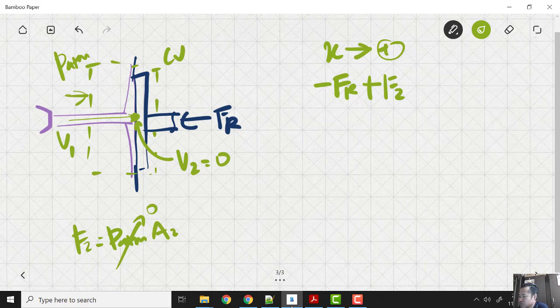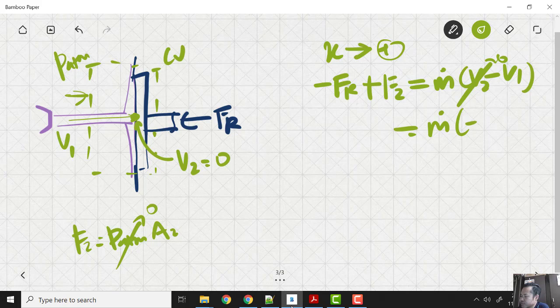So F2 from PATM is equal to PATM times A2. Since PATM is equal to 0, F2 is equal to 0. This equals m dot times V2 minus V1. But since V2 is equal to 0, we only have m dot times minus V1. That's what is left.